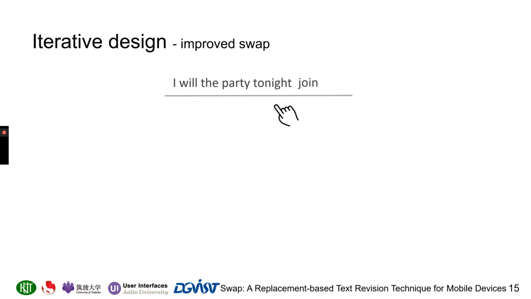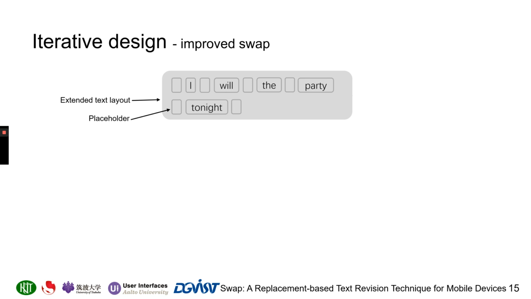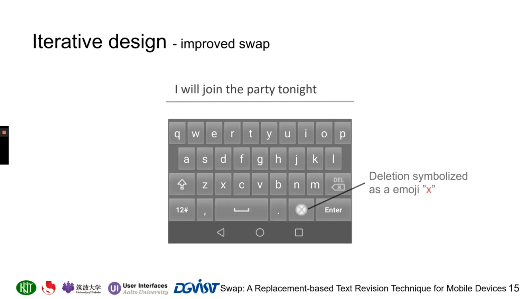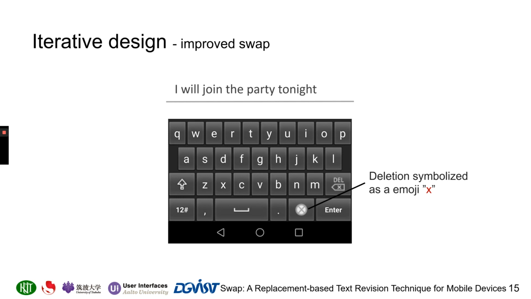When you're entering the revision mode, an extended layout will be called out, showing words and gaps among individual units, and then users can tap the corresponding one. After that, the cursor will remain at the end of the string for further input. Additionally, we implemented the deletion function on the keyboard as shown in the picture.